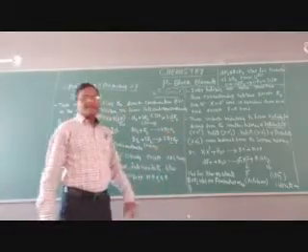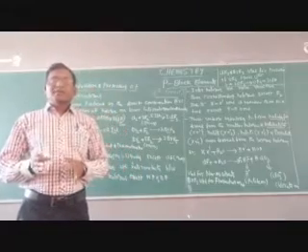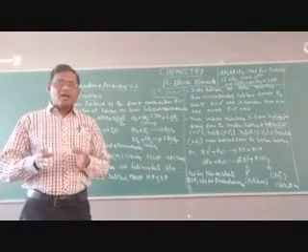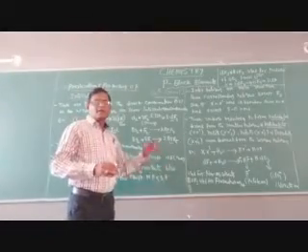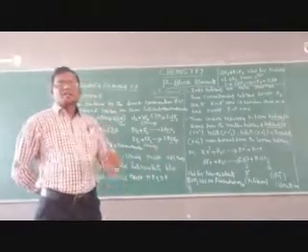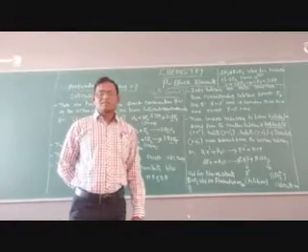That's why the physical properties of every interhalogen compound are intermediate between the corresponding halogens. But the exception is melting and boiling points, which are slightly higher than those of the corresponding halogens. Okay children.